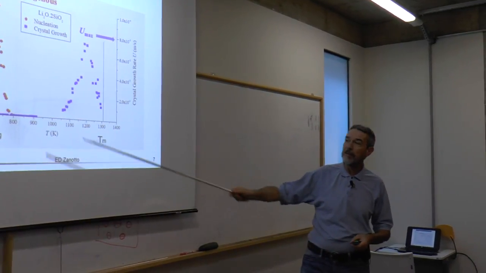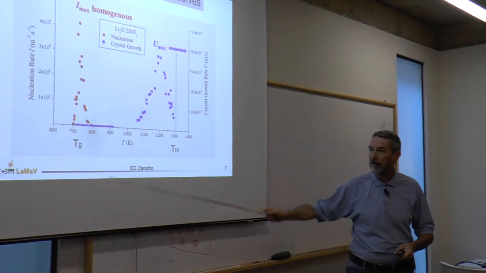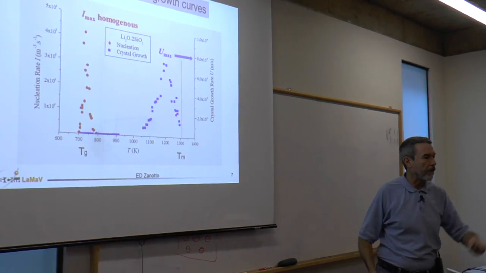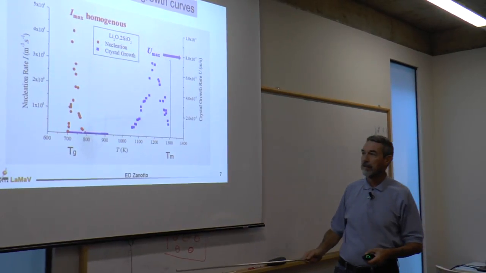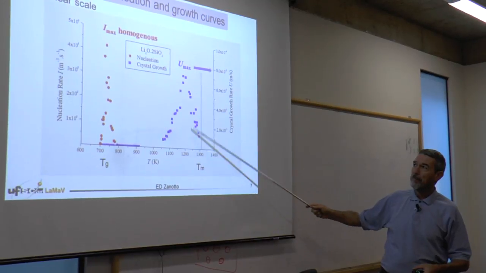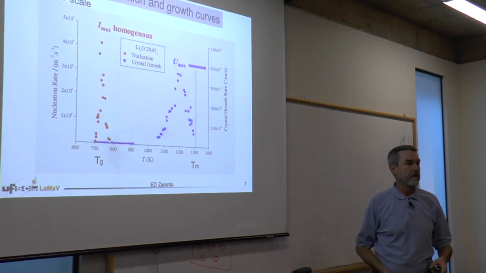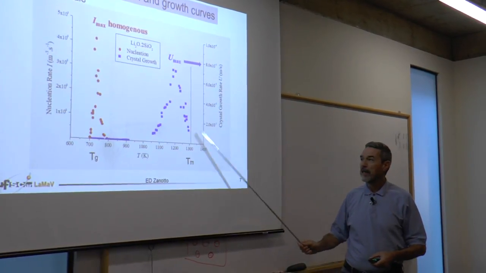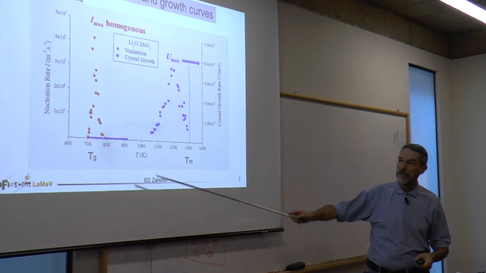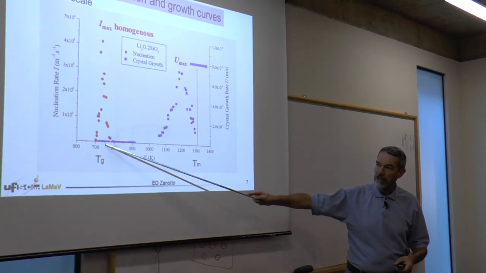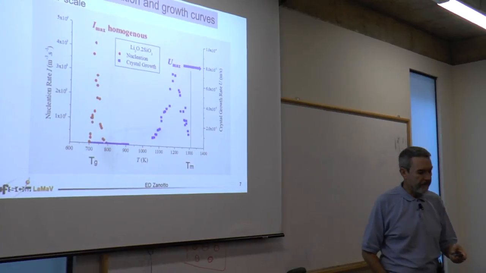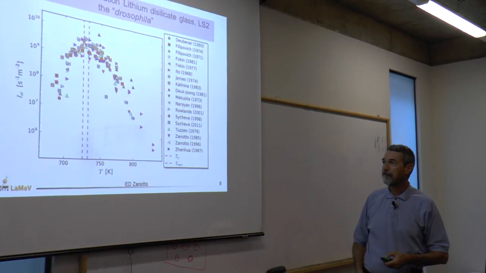You always find that the maximum is not far from the laboratory Tg, where the viscosity is 10 to the power 12 Pascal second. The crystal growth rate curve peaks at much higher temperatures, like 0.95 of the melting point or so, whereas the nucleation rate curve peaks at about 0.5 of the melting point.